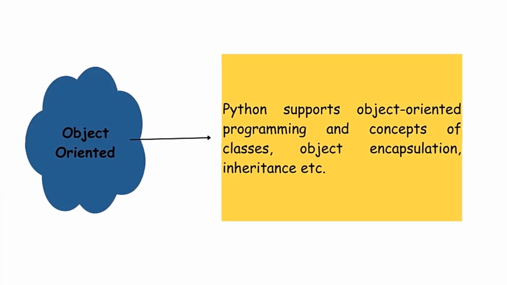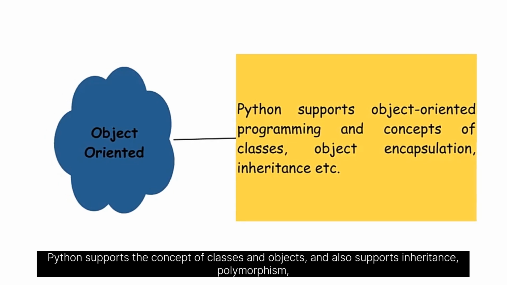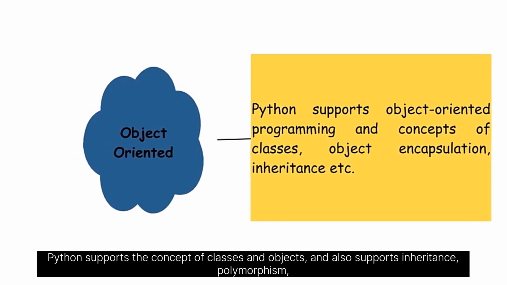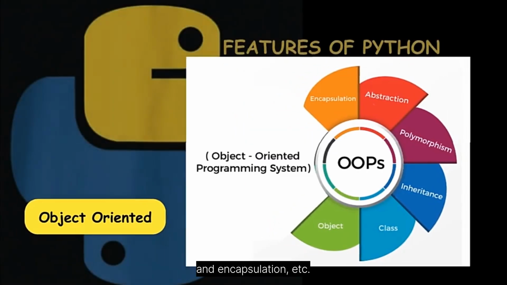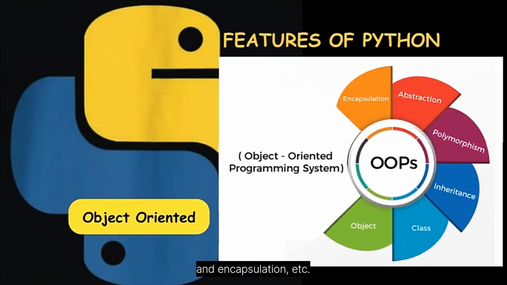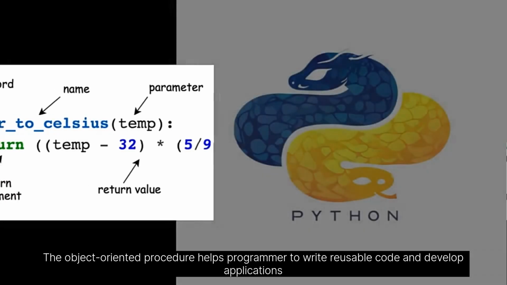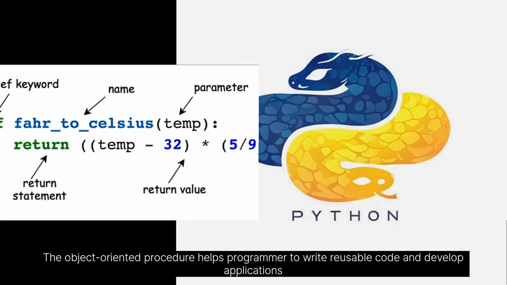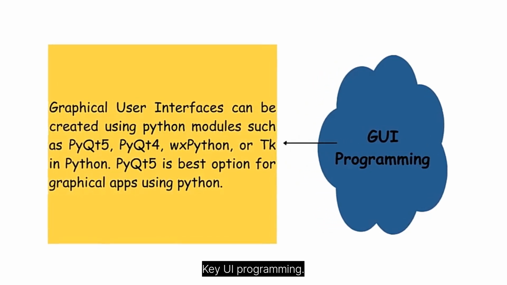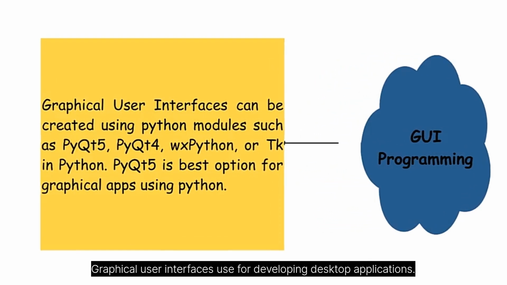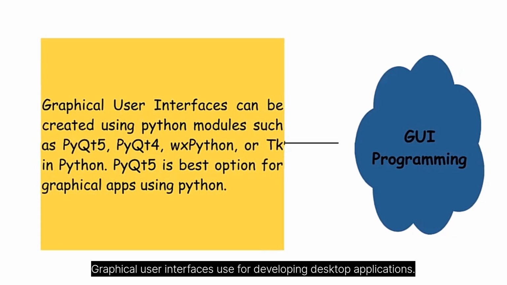Object-oriented programming. Python supports the concept of classes and objects, and also supports inheritance, polymorphism and encapsulation, etc. The object-oriented approach helps programmers write reusable code and develop applications in less code. GUI programming. Graphical user interface is used for developing desktop applications.